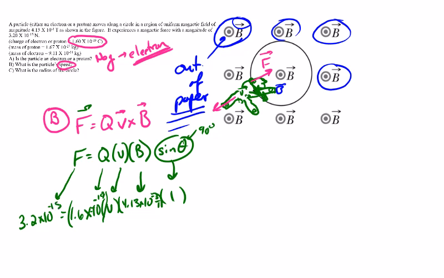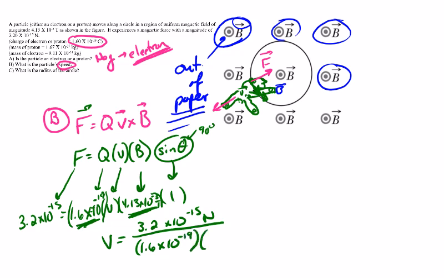Basically, to find my velocity or my speed, I'm going to multiply the charge by the magnetic field and then divide it over to the other side. So it should be my 3.2 times 10 to the negative 15 newtons, that's my force, divided by the quantity of charge, 1.6 times 10 to the negative 19, multiplied by my 4.13 times 10 to the negative 3, which is my magnetic field.